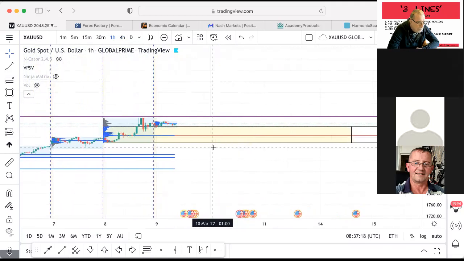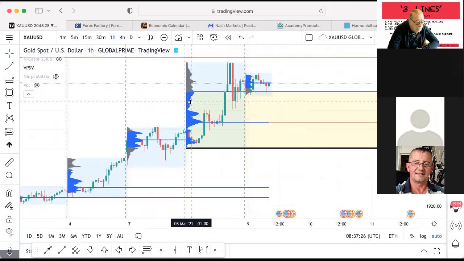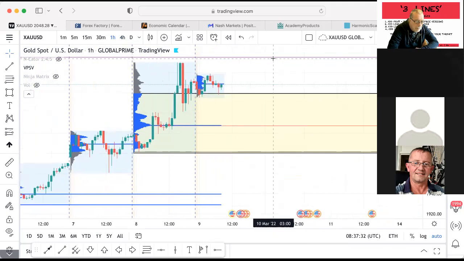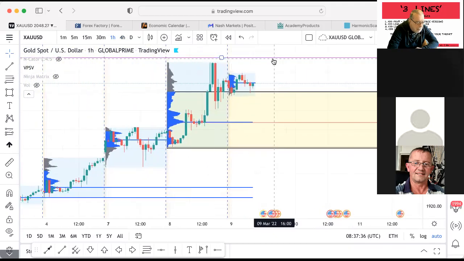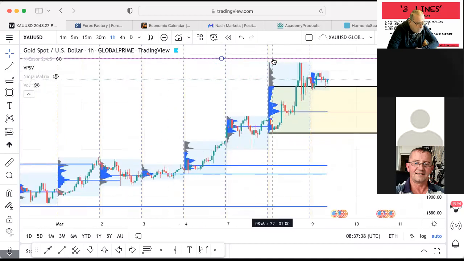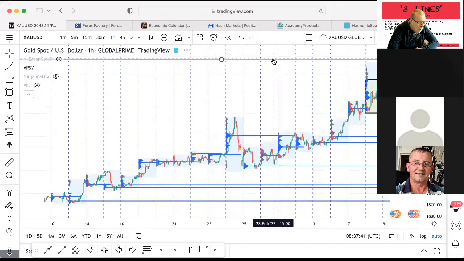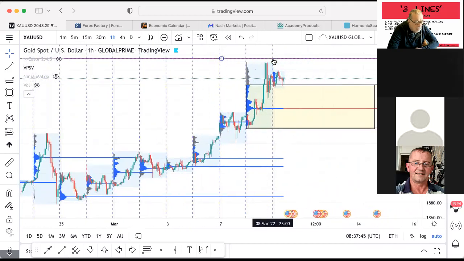So let's just reset the chart and look at today. Again, looking at the big picture, this purple line is actually the highest high I could find, and it goes way back to, I believe, the 7th of August 2020.